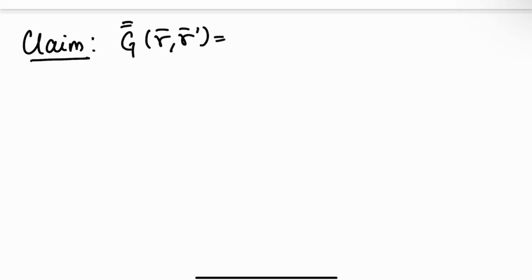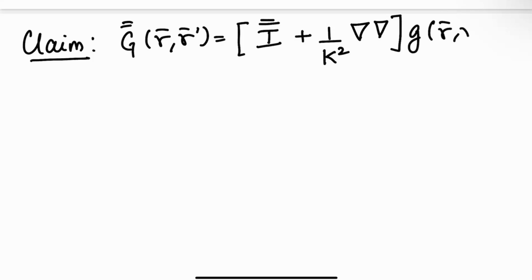Okay. So the claim is that this dyadic Green's function, G of r comma r prime, is nothing but the identity tensor, or identity matrix, plus 1 over k squared del del, g of r comma r prime. Note that this is also a dyad now. You can think of this as del times del transpose.